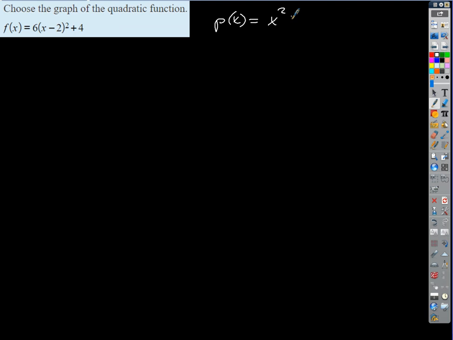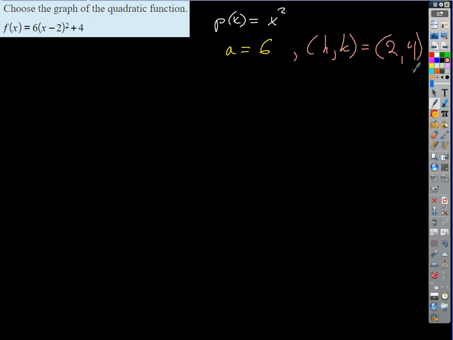What is the 6? That's a, isn't it? Good, so one thing we know is that a equals 6. What about these other two? What do they tell us? Okay, good, so what are the values of h and k? What's h? 2? Because that's the value that's subtracted from x, right? Okay. And what's k? 4.